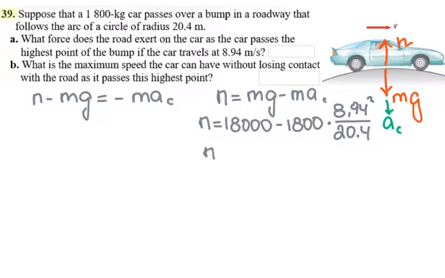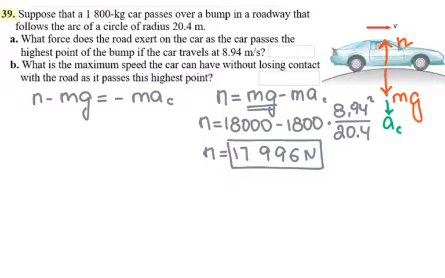So the normal force acting on the car at the highest point is equal to 17,996 newtons. So instead of the weight, which is mg, 18,000, the car only weighs 17,996. So that is for part A.